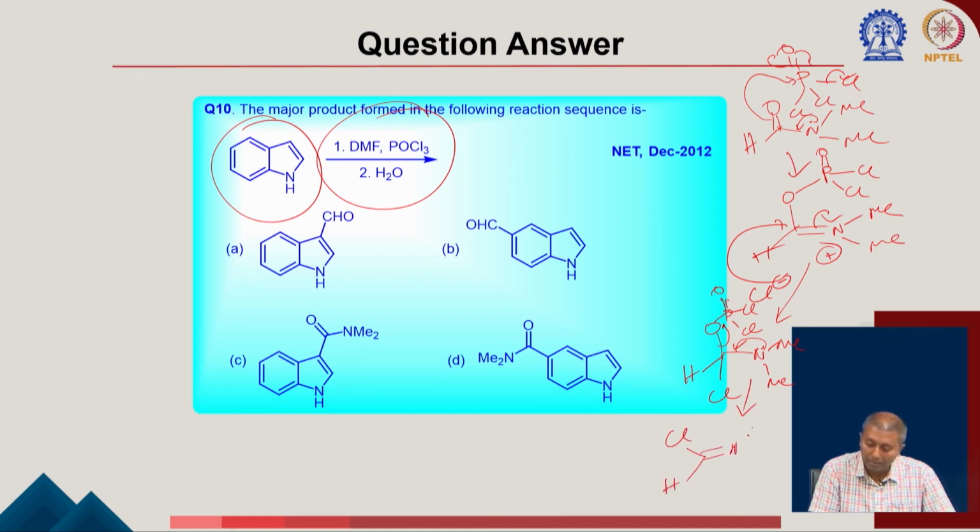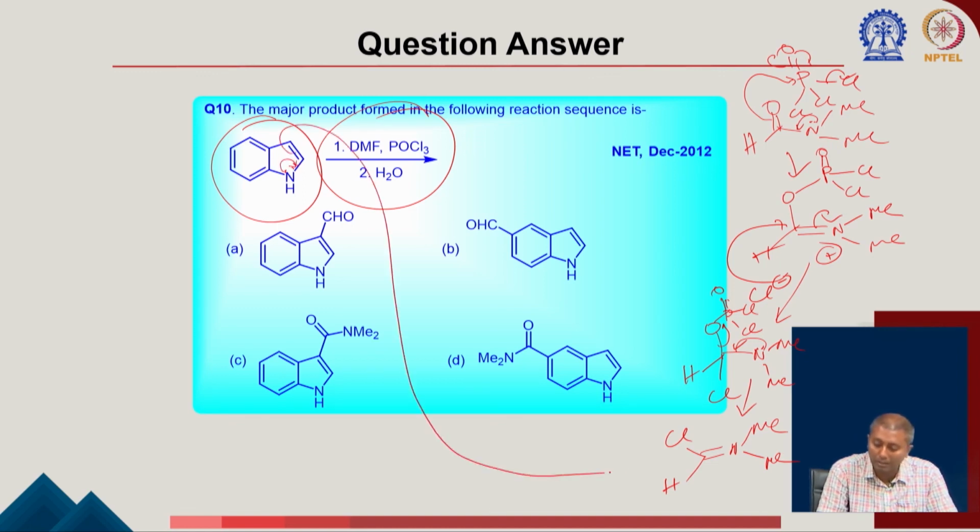in the Vilsmeier-Haack reaction. Now if you have an electron rich species like indole, which can attack the electrophile at the C3 position, so they can come and attack here to neutralize the charge on the nitrogen. Let me draw that.